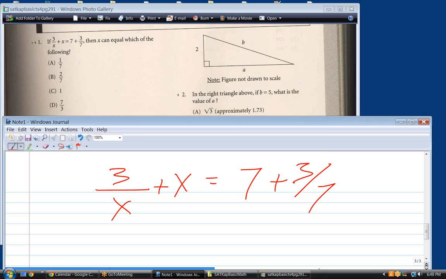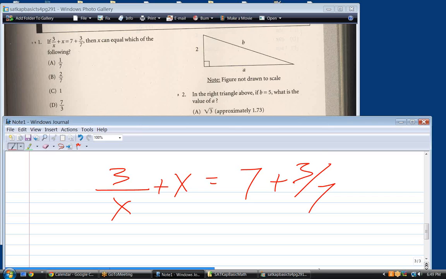So see if you can find, just stare at that for a little bit, and see if you can see what x has to be. I don't know. I mean, I can solve it, but... Well, that's going to be hard.